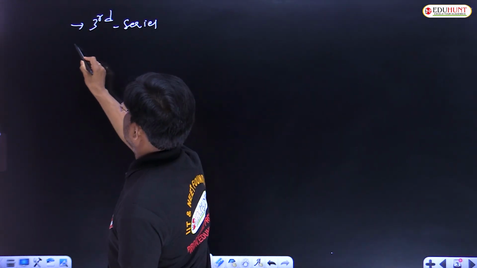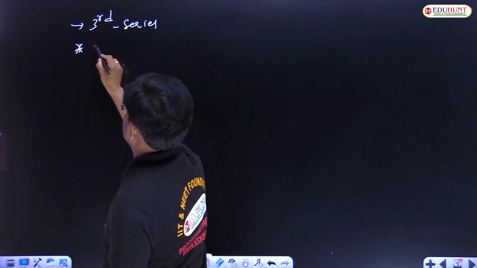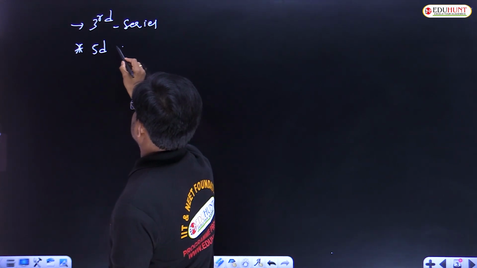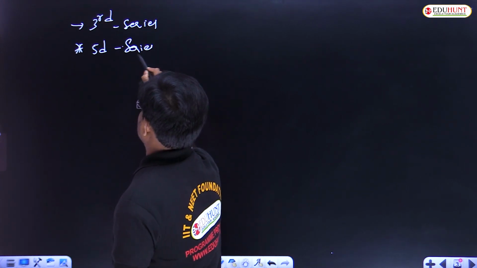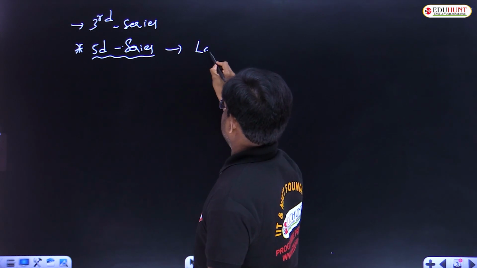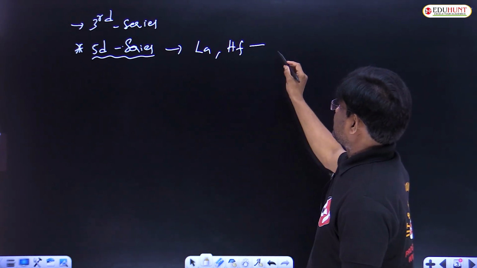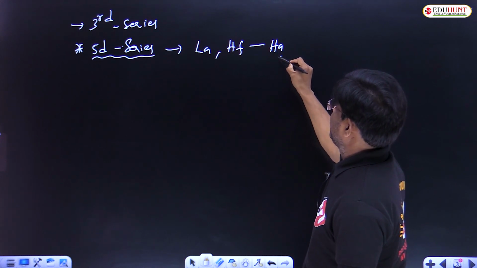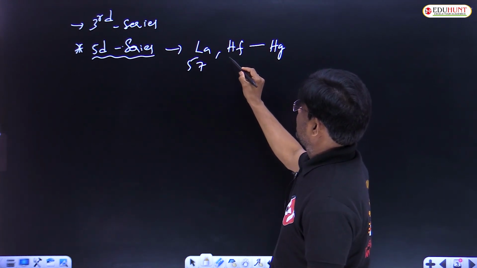The third series is the 5d series. The first one is lanthanum, then hafnium, up to mercury. Lanthanum is 57, hafnium is 72.